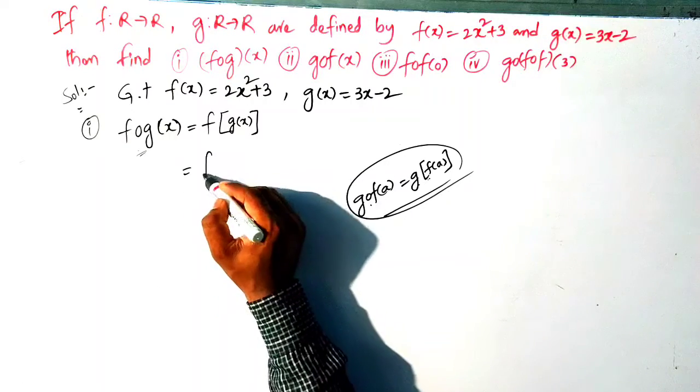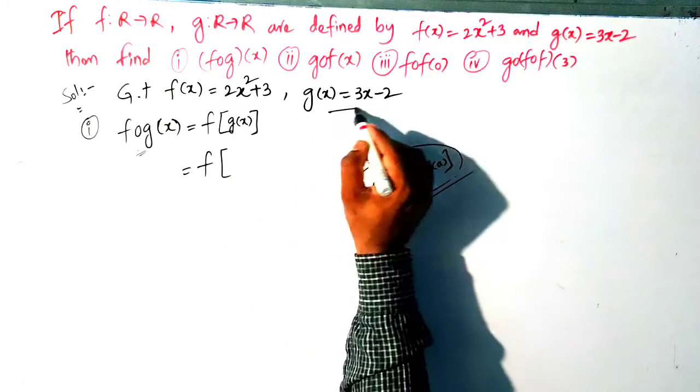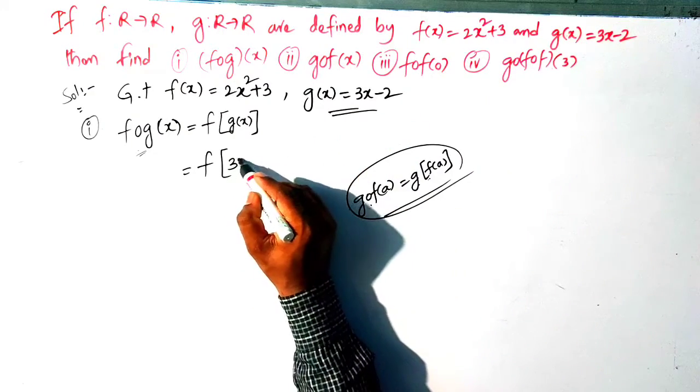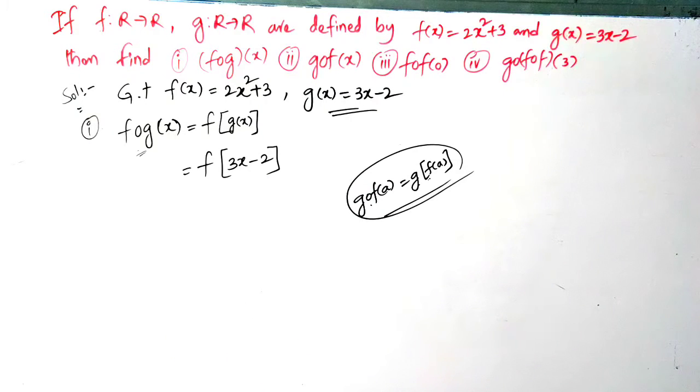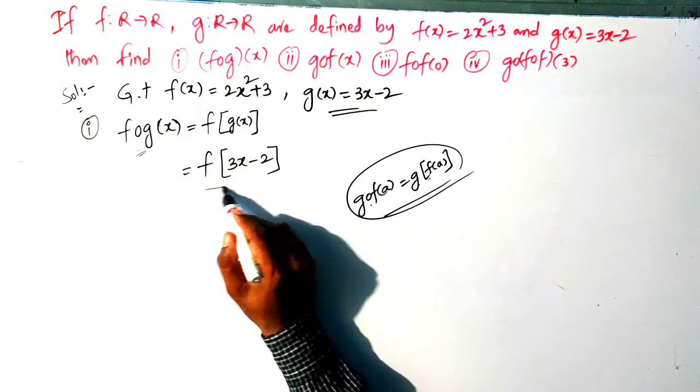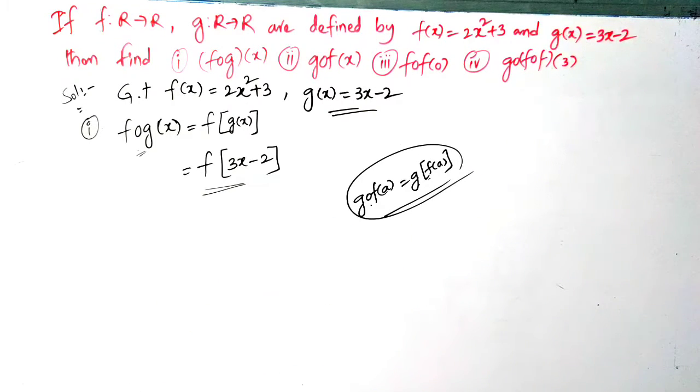So f of g of x, g of x is already given, that is 3x minus 2, we substitute 3x minus 2. In place of g of x we substitute 3x minus 2. Now we got f of 3x minus 2, but what is given here is f of x. So in place of x there is 3x minus 2. So how to get the value of f of 3x minus 2?